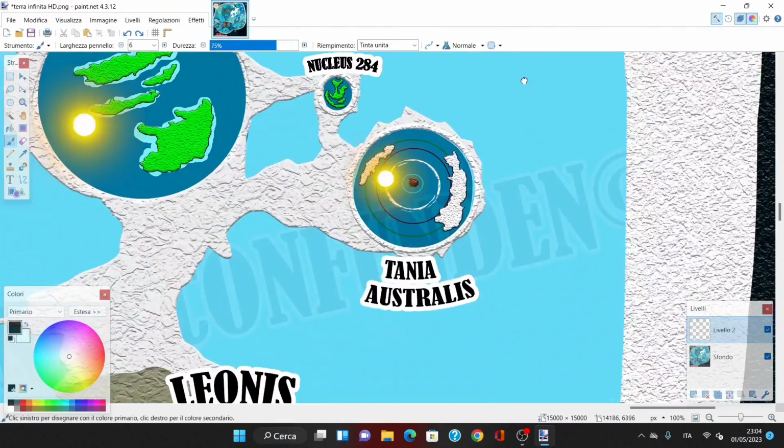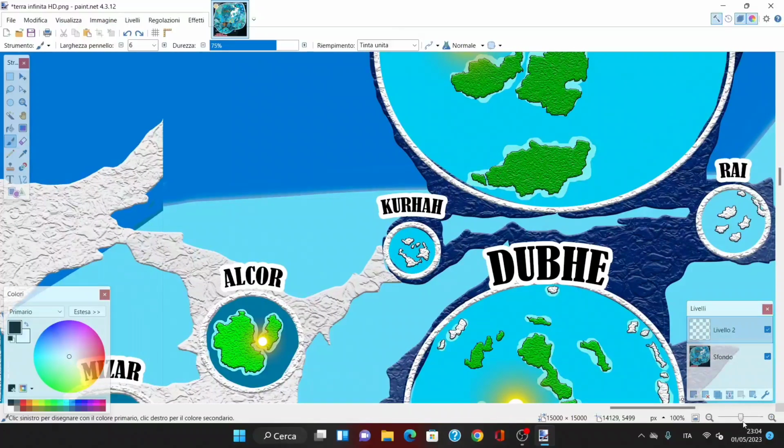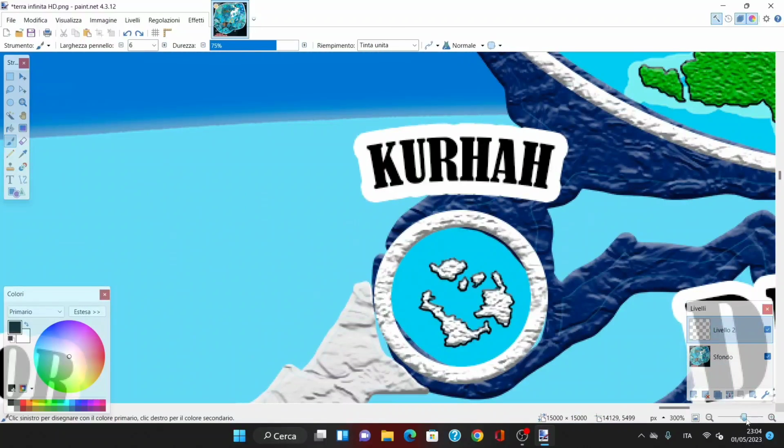Much like what we saw with Tanya Australis, the continents of Kurha are not really livable. They are in fact barren wastelands. But interestingly enough, the water that surrounds them is actually livable, and it is speculated that inside it there lived many different species of both underwater and above water creatures, with some speculating that the creatures that live on Kurha may even achieve sentience of some kind.